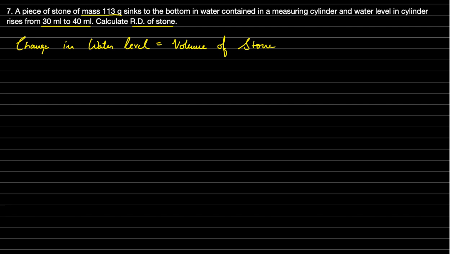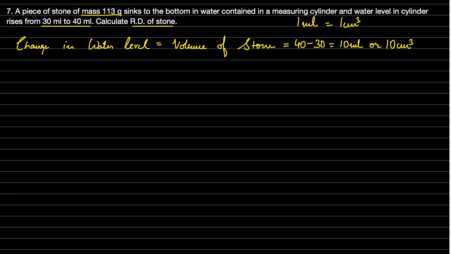Now we are considering 1 ml of water, 1 ml is equal to 1 centimeter cube. So I would be finding the change in water level, that happens to be 40 ml minus 30 ml, that is 10 ml or 10 centimeter cube.